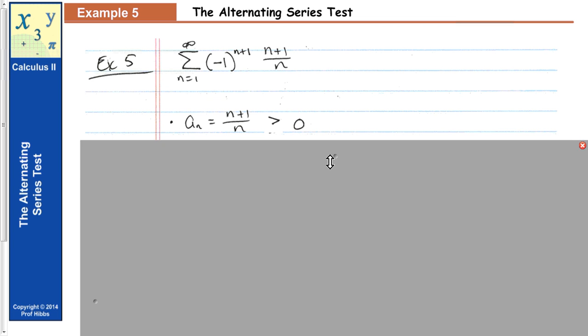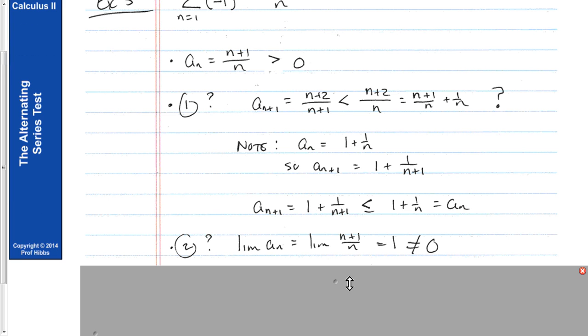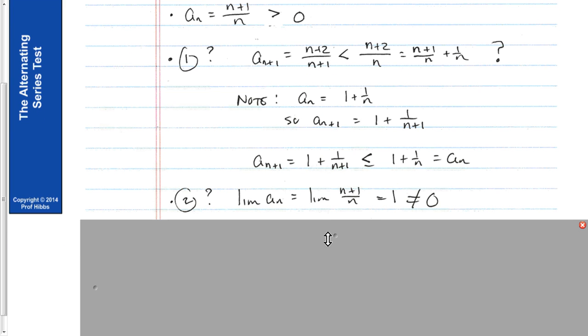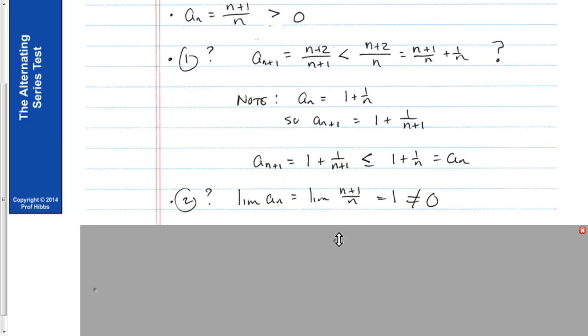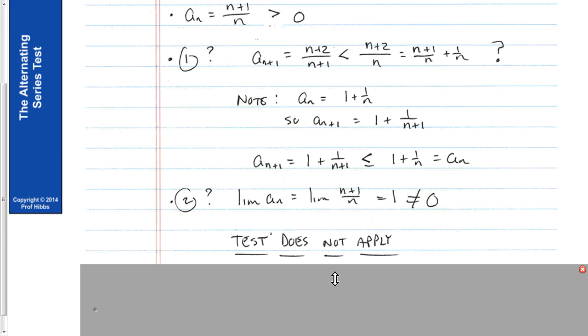And so we really could have foregone all of the things that I did above here. The real issue is the limit of the a sub n's, and the limit of n plus 1 over n, which is a sub n, is in fact equal to 1. It's not 0. And so the alternating series test does not apply because condition 2 fails. I didn't even need to look at condition 1.